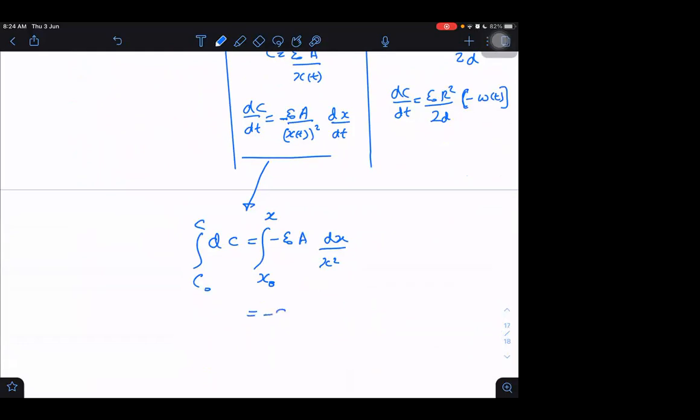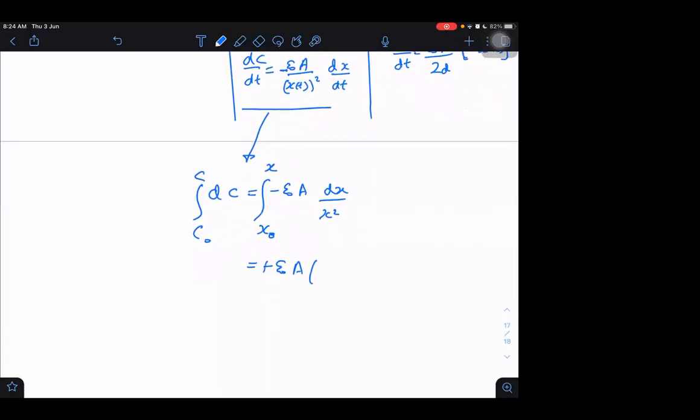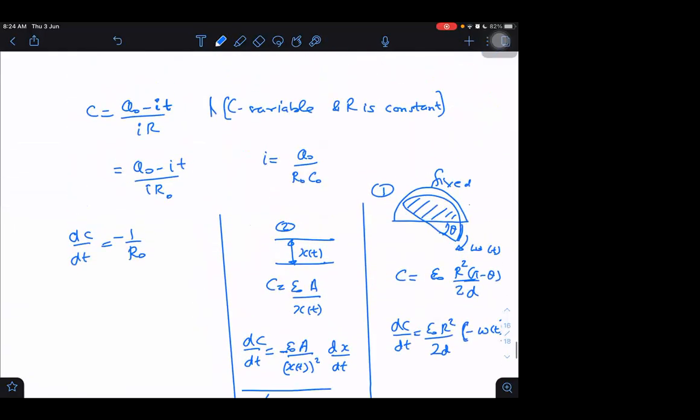We get it as minus epsilon naught A into, plus 1 by x minus 1 by x naught. So dC we can write as minus 1 by R naught into dt.